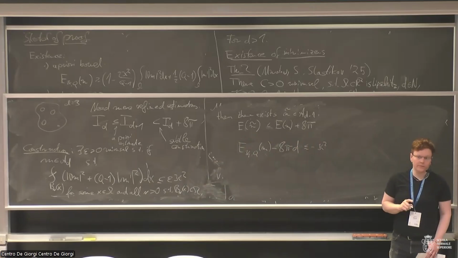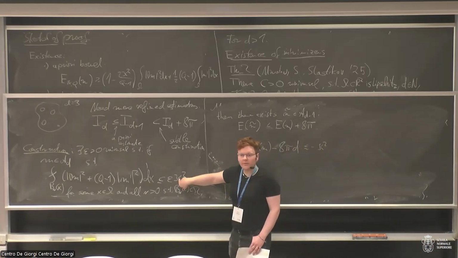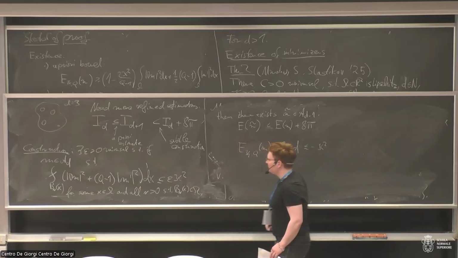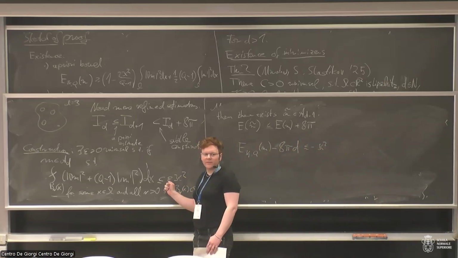Minus kappa squared, it's negative. So this kappa squared is this kappa squared here. The problem is you want to make this epsilon small.